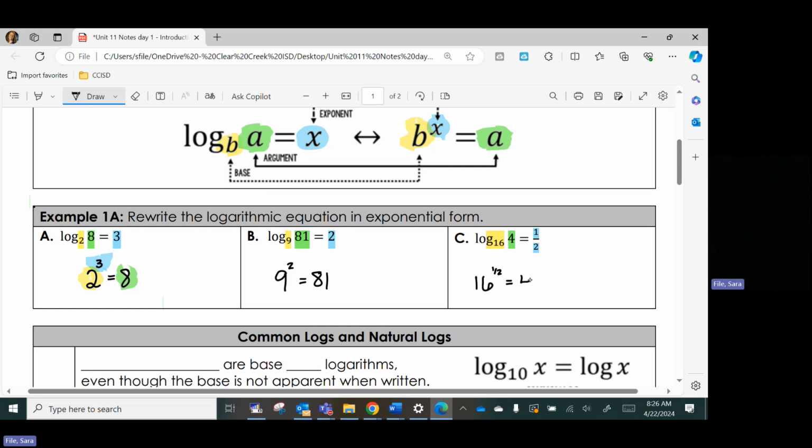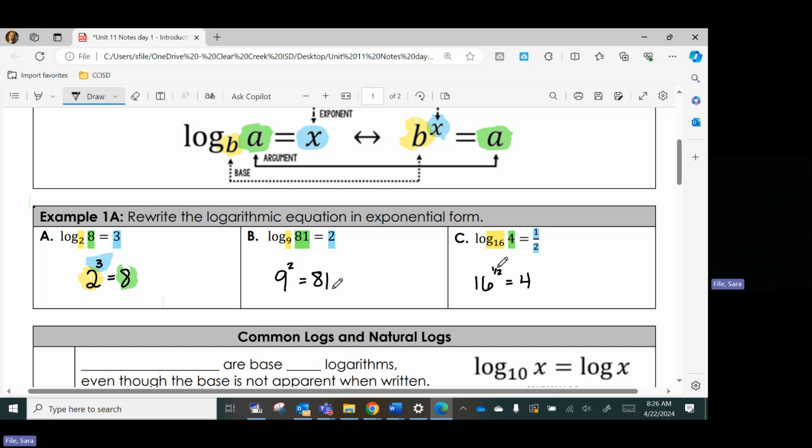Who remembers the power rules that we went over? What is a 1/2 power the same as? When you have a fraction as your power, what does the denominator tell you?